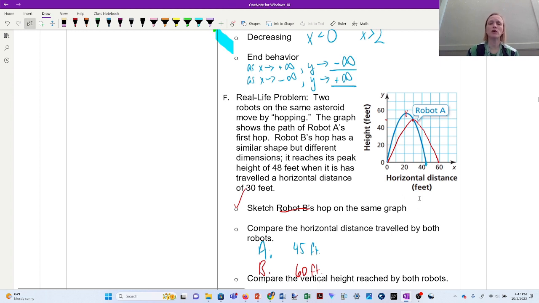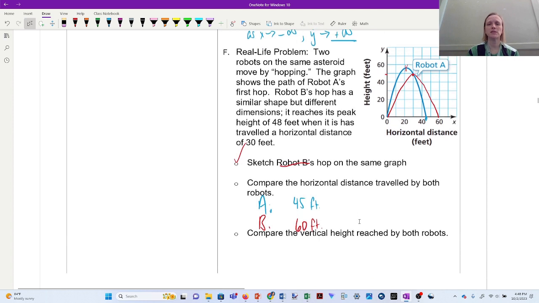But if we compare the vertical heights reached by both robots, robot A seems to have reached halfway between the 50 and the 60. So if I'm halfway between 50 and 60, I'm going to call that 55. So robot A got to about 55 feet. And robot B got to just this value that we were given in the problem, 48 feet.